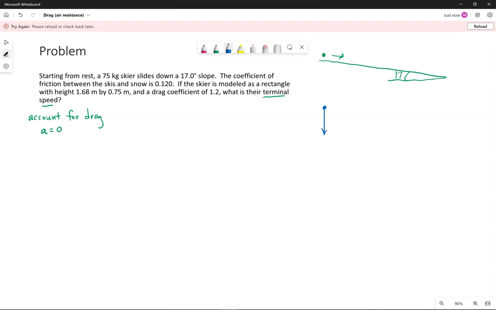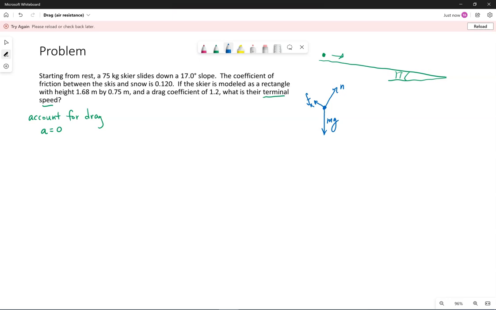This skier, of course, is experiencing the pull of gravity. There's a normal force because of the surface. There is some kinetic friction because the skier is sliding down the slope.